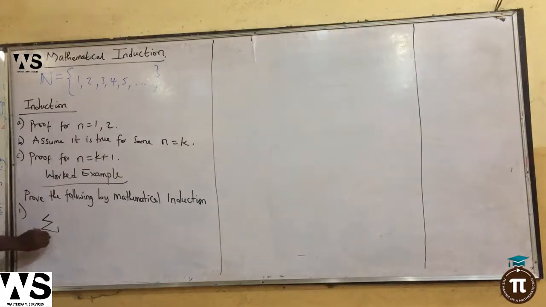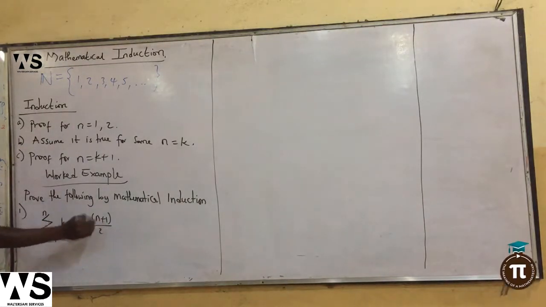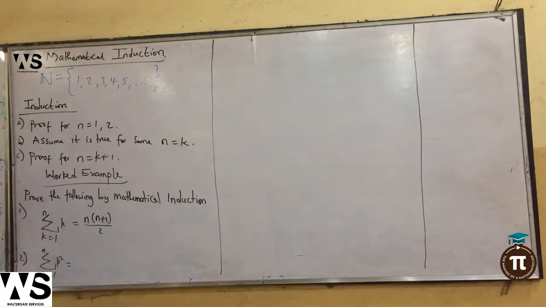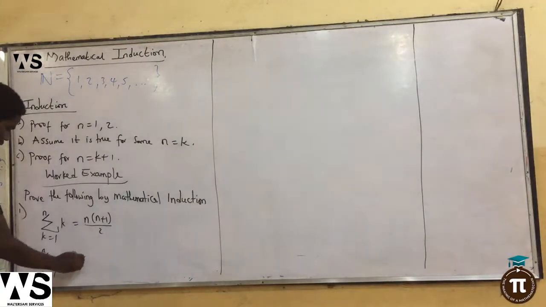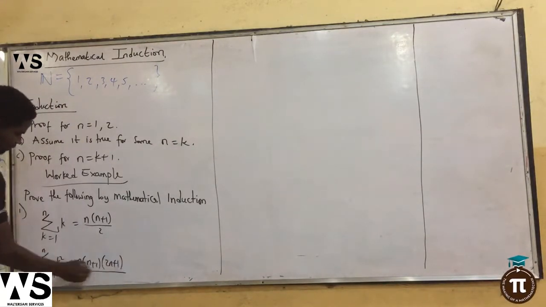Summation of k starting from 1 to n of k, you are told, is equal to n times n plus 1 divided by 2, right? The second example, summation k starting from 1 to n of k squared is equal to n times n plus 1 times 2n plus 1 divided by 6.